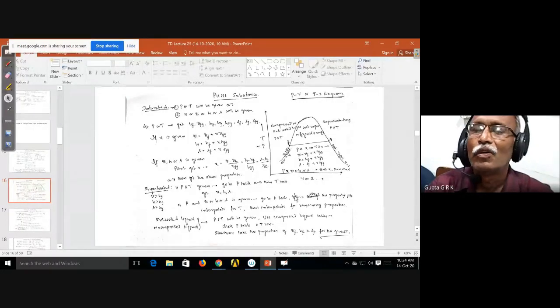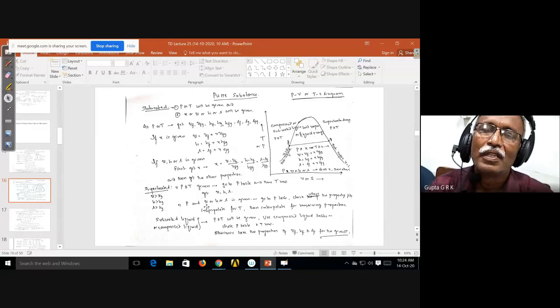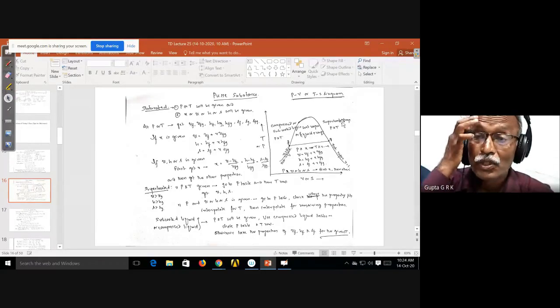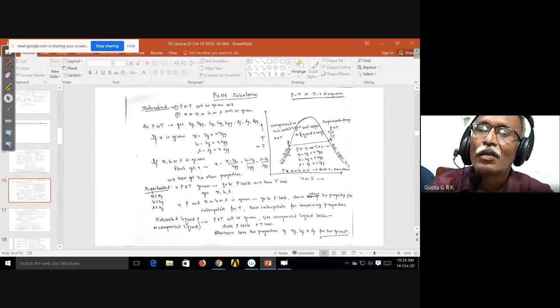If you know it is in superheated, or if you don't know, you have to check whether one of the properties, if it is given, is more than this property at G, then it is definitely superheated. So once you know that, you have to go to corresponding pressure table. Pressure definitely you will be knowing, so you have to go to the pressure table.